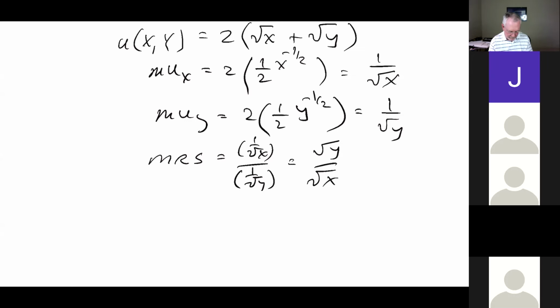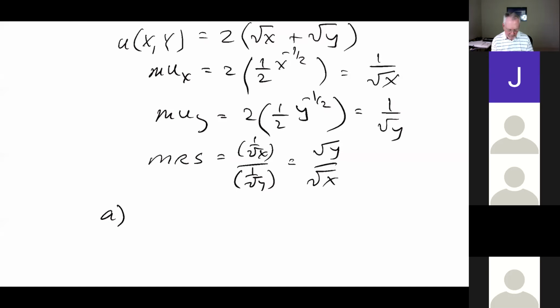Well, whenever I ask myself if something satisfies the declining MRS property, I think of movement along the indifference curve. And remembering that more is better means my indifference curve has to have a downward slope. I think of moving down an indifference curve, so reducing the amount of y and increasing the amount of x.